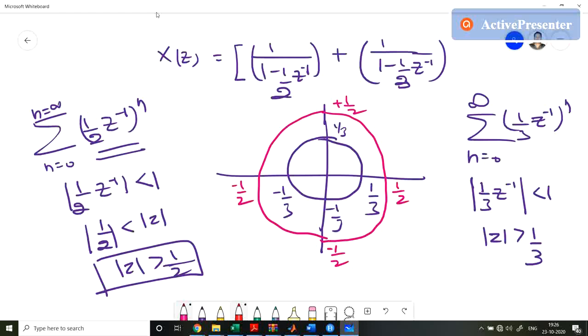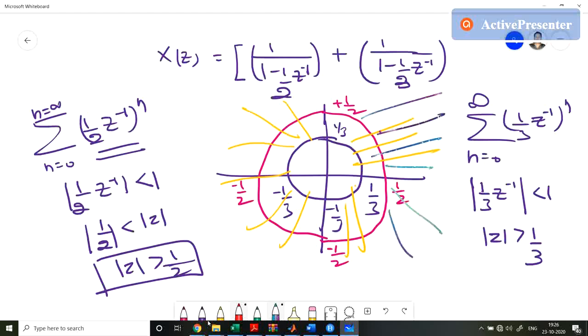So if we combine the ROCs, the first ROC is |z| greater than 1/3, which is the exterior of that circle. The second one is |z| greater than 1/2, which is the exterior of that circle.